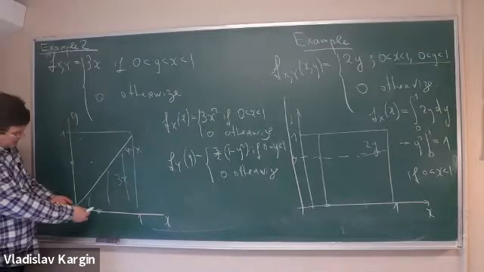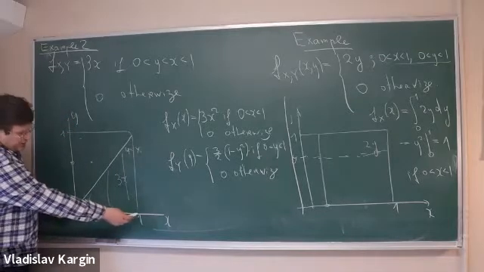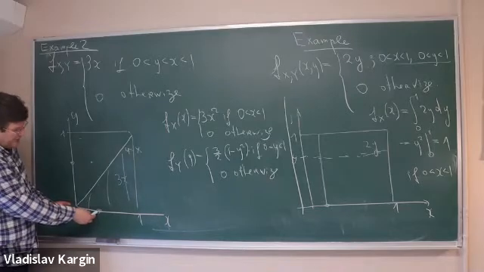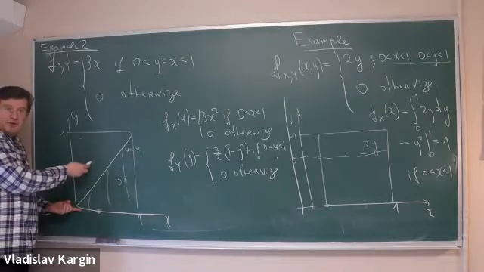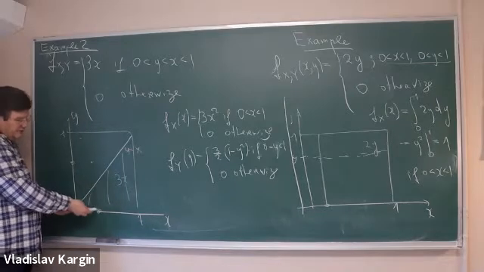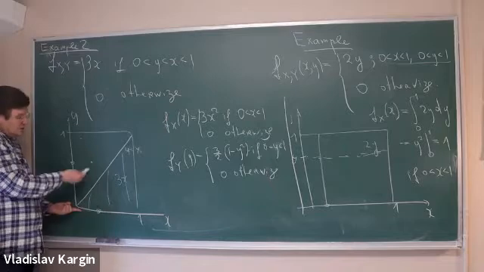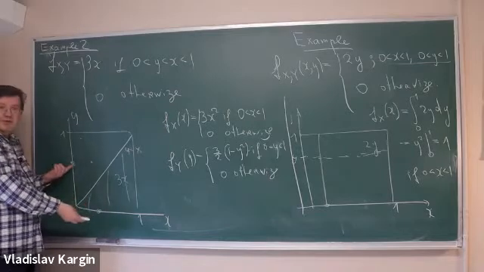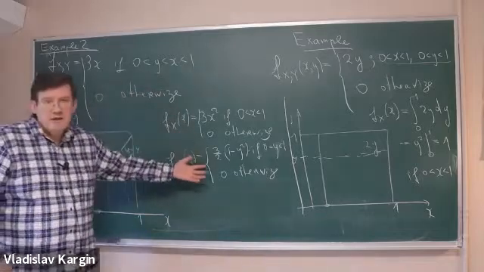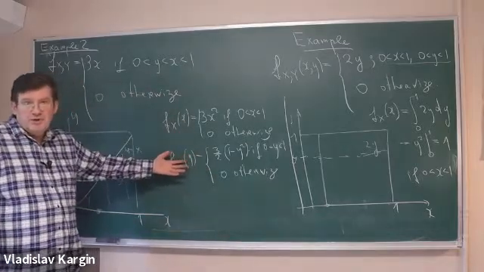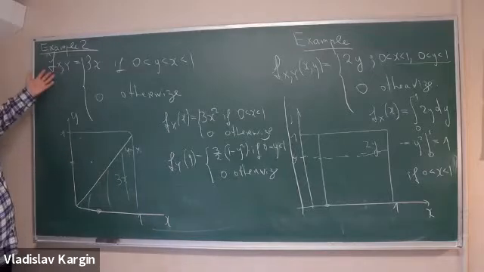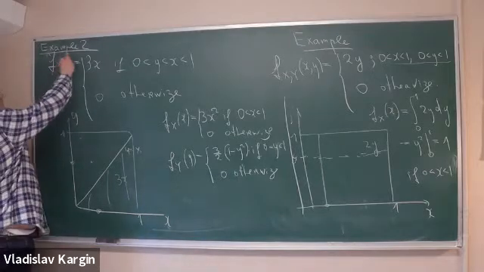And the point here is also between 0 and 1, so the marginal density of x is not equal to 0. But at this point, the joint density is equal to 0. In principle, it should be a product of the marginal densities. Here it's equal to 0, and these two things are not 0, so it's impossible. So even without calculating the marginal densities, we could immediately say that these are not independent random variables.